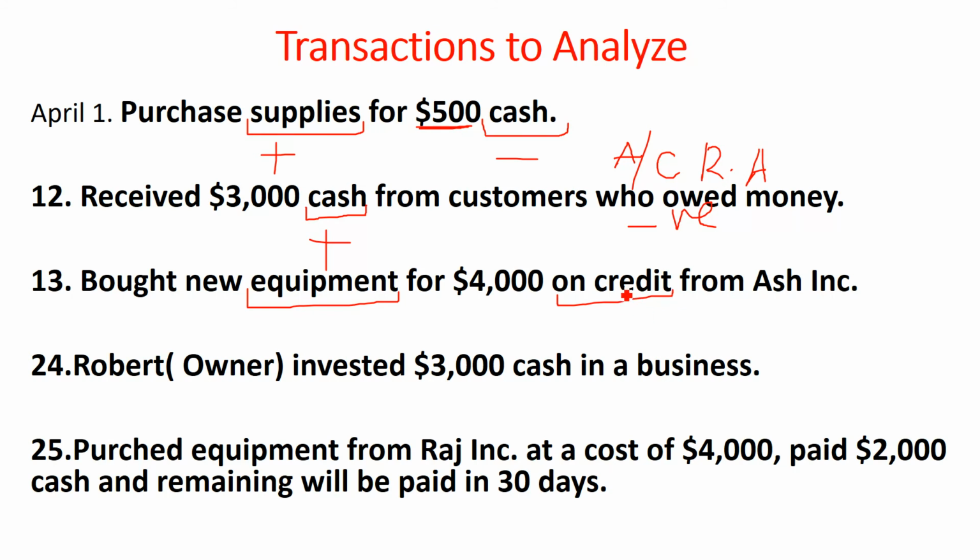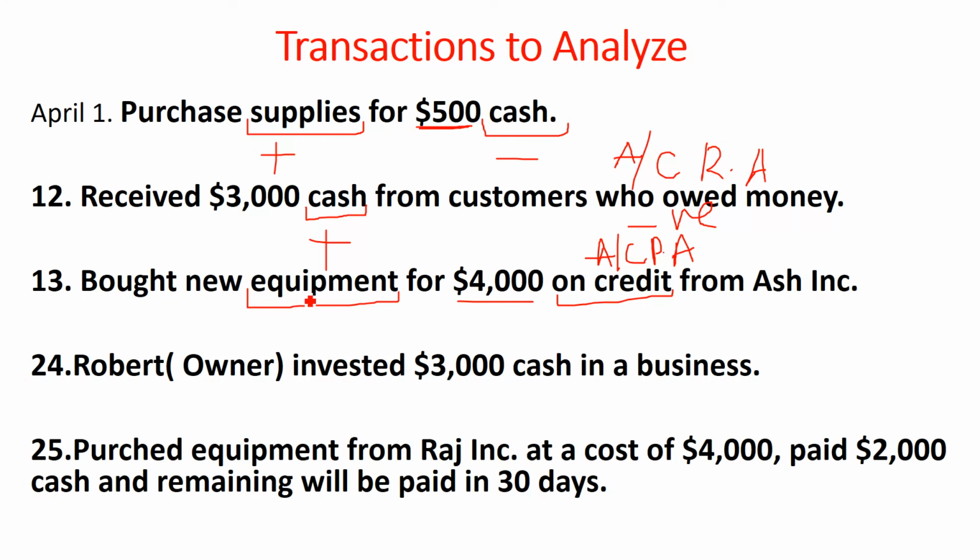It means this is the liability, accounts payable. The second account is accounts payable. So these two accounts are affected. Whenever you see on credit, it means payable. This is a liability. This is the first point. The second point is for how much it is increasing or decreasing? 4,000.